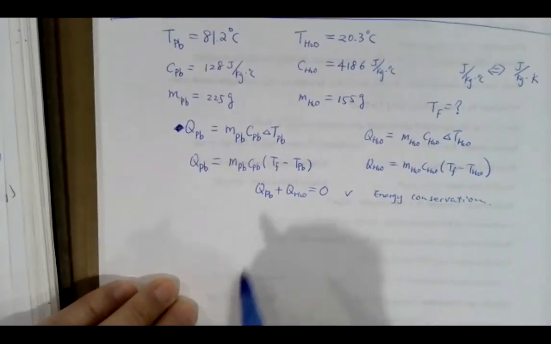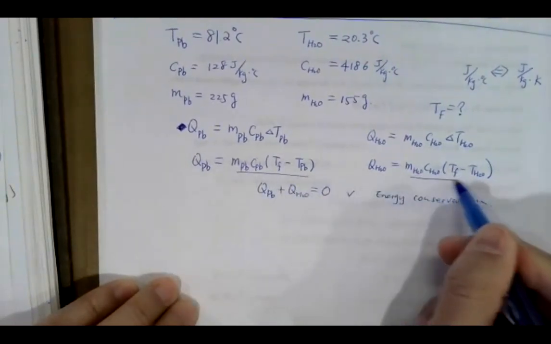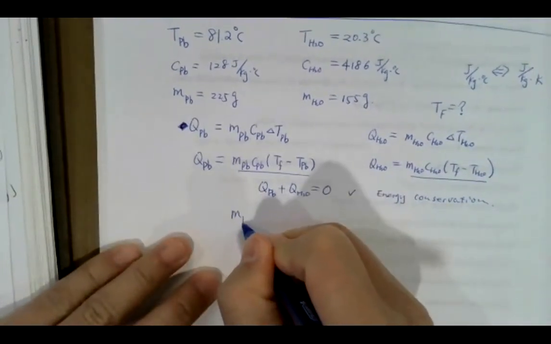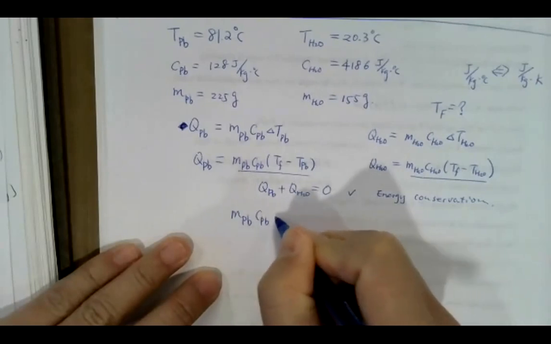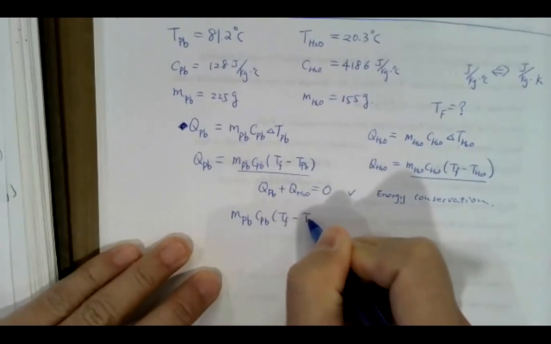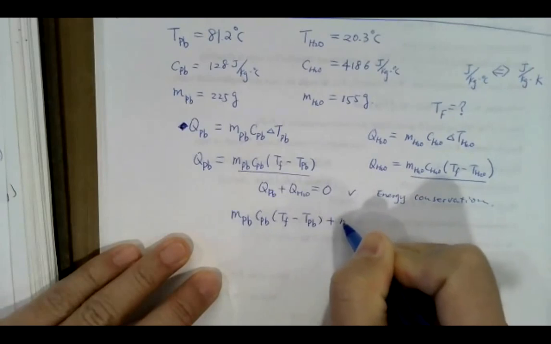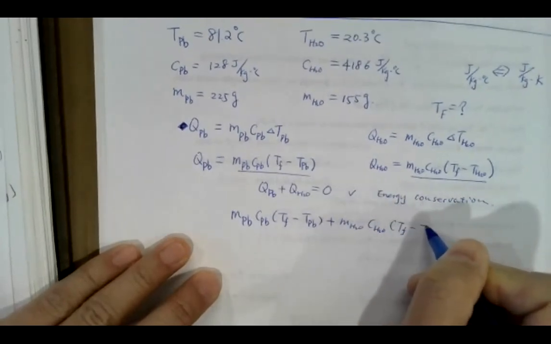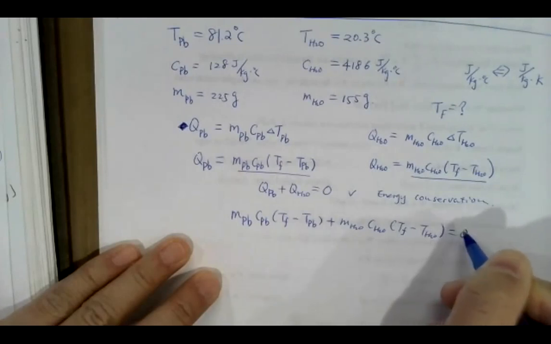Basically you're going to do this one plus this one equals 0. So you will be doing M_PB, C_PB, T_F minus T_PB plus M water, C water, T_F minus T water, that goes to 0.